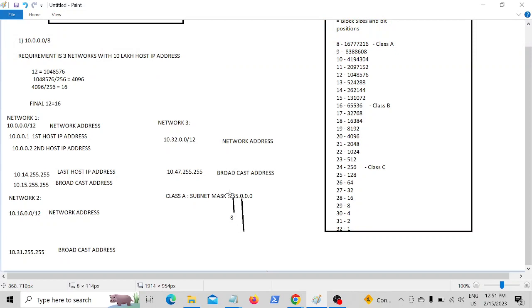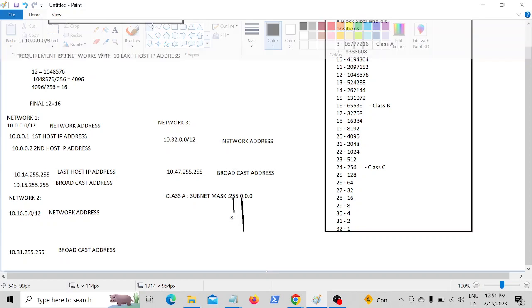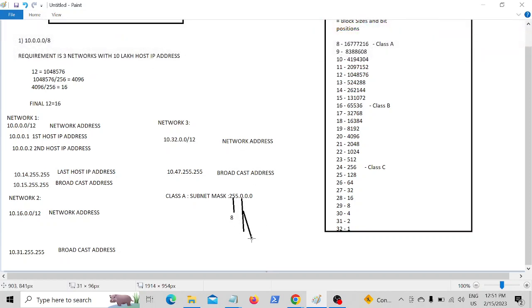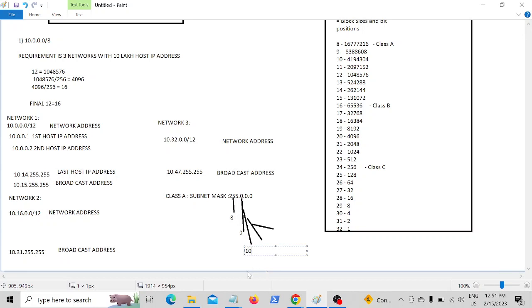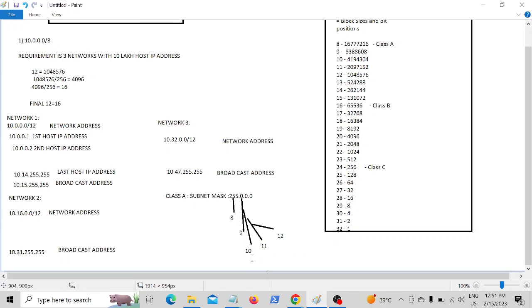We want 9, 10, 11 and 12. So we still want some more 4 values, right?